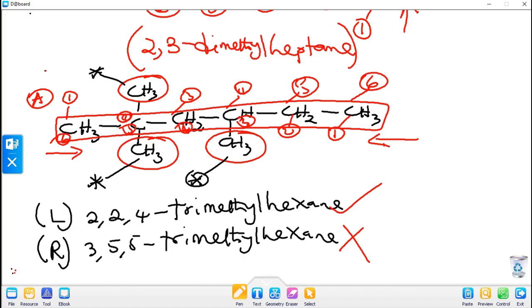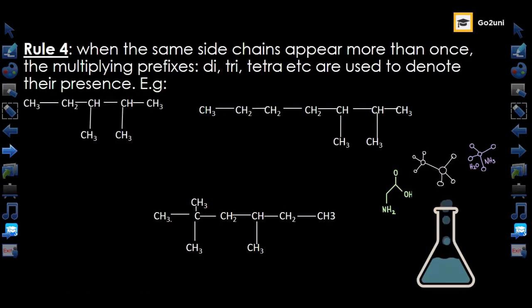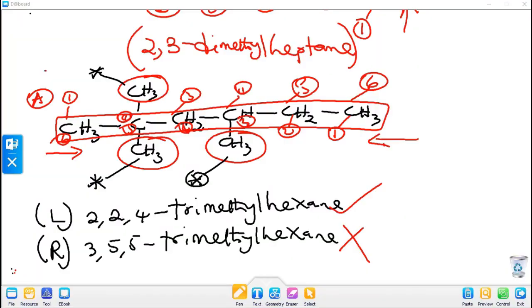So we have successfully learned how to take our counts when we have 2 or more side chains. The rule says that when we have 2 or more side chains that are of the same species, we use the words di, tri, tetra to denote their presence, and we have seen that here.